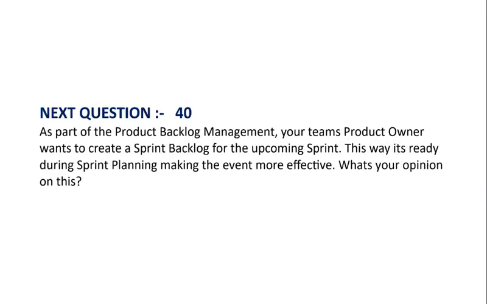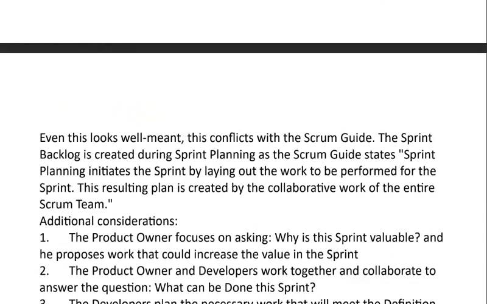Question is, as part of the product backlog management, your team's product owner wants to create a sprint backlog for the upcoming sprint. This way, it's ready during sprint planning, making the event more effective. What is your opinion on this? Answer is, even though this looks well meant, this conflicts with the Scrum Guide.